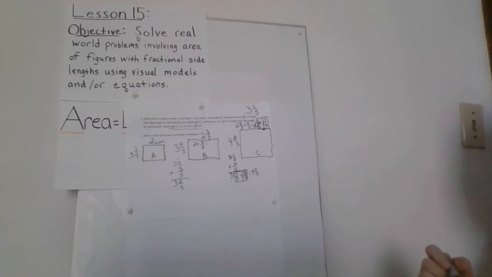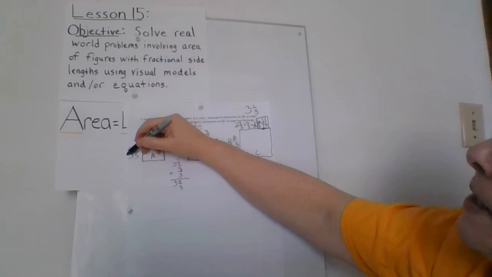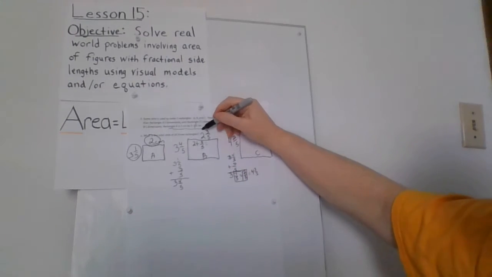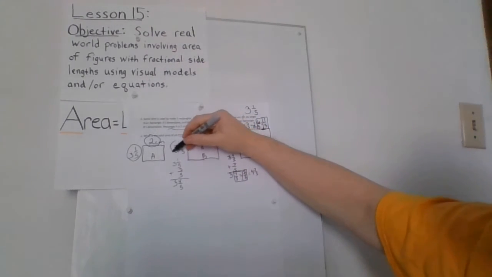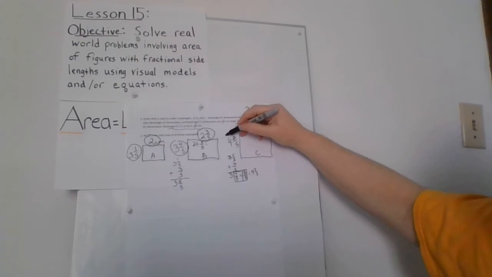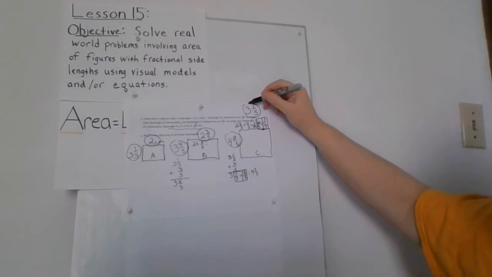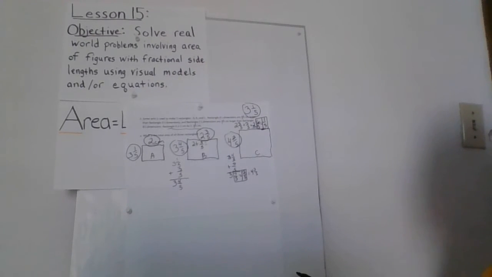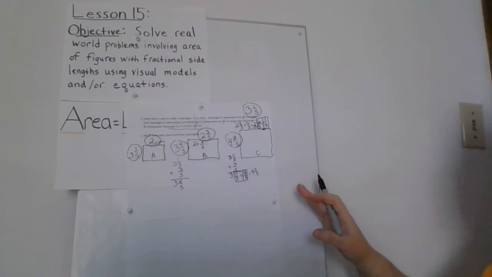Okay, so that was just to find the rectangles' widths and their lengths. So now that we have all of our pieces, we have our length and our width for A, our length and our width for B, and our length and our width for C. Now we can go ahead and find the areas for each rectangle.